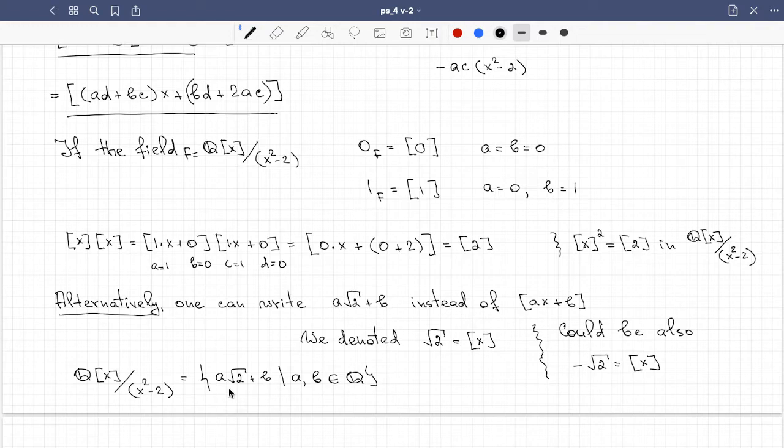So there are two different embeddings of this field into the field of real numbers. Doing it this or that way, you embed this field into the field of real numbers. Think about this as a subfield of the field of real numbers, but there are two different ways.